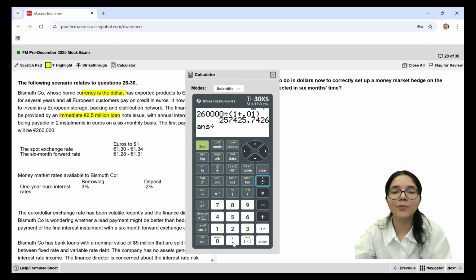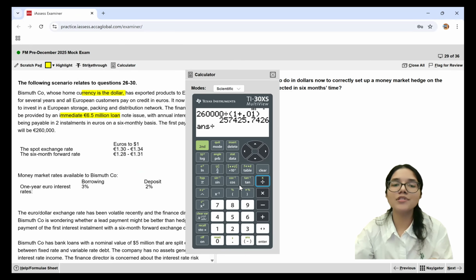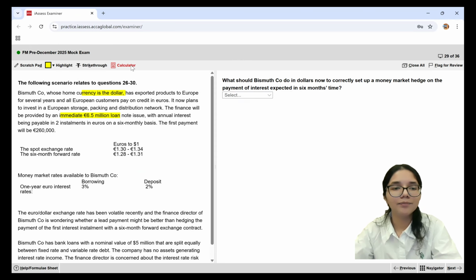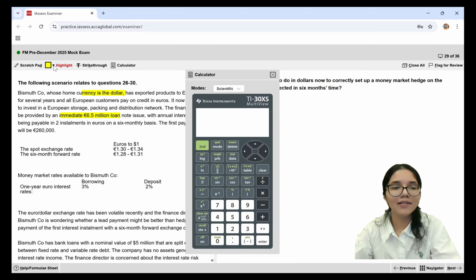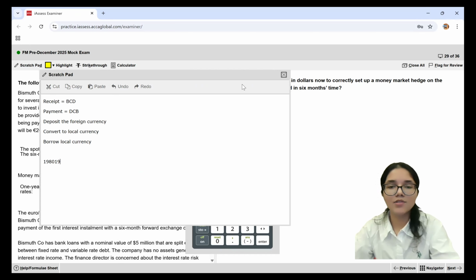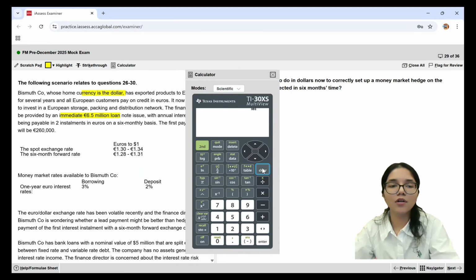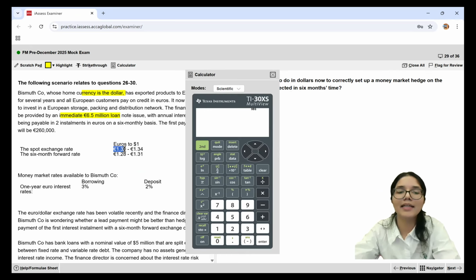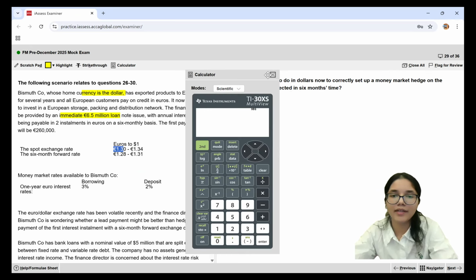Let's see. Which rate are you going to use? Again, choose the one with which the dealer will have to pay you fewer dollars. So one is where you divide it by 1.3. So that means you're going to get 198 and something. 198,019. This was the figure. And if you talk about the other rate also, you can calculate and you will find out that you will be getting fewer dollars using 1.3 as the rate.